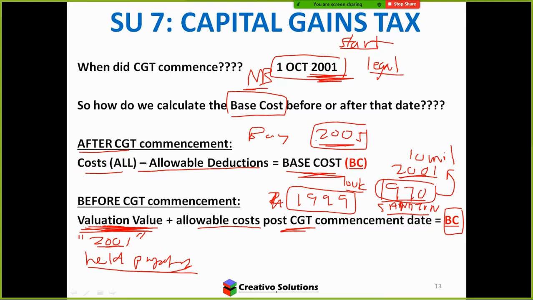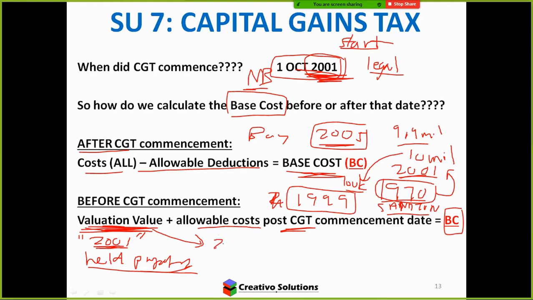But what is SARS going to say? Well, SARS is going to say this legislation only came in 2001. It would be unfair to tax you on 9.9 million in increased value from 1970. That wouldn't be fair. So what they said is, in 2001, value your property and tell us what it is worth. So we're not going to use 1970 in terms of cost price.